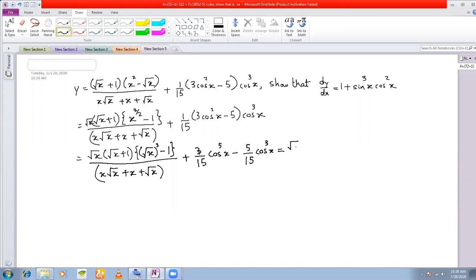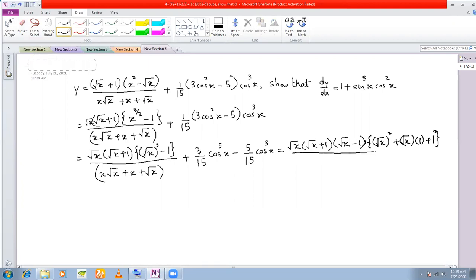So what you get here is root x into root x plus 1 into root x minus 1 into root x square, root x a square plus ab plus b square, right? Yes, sir.